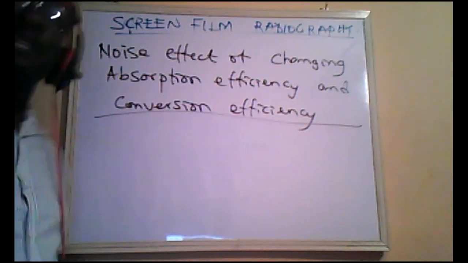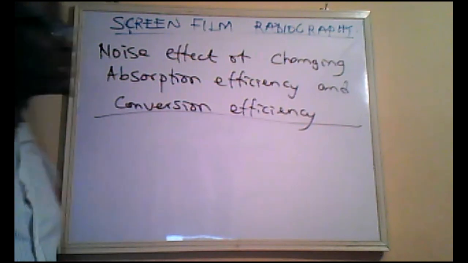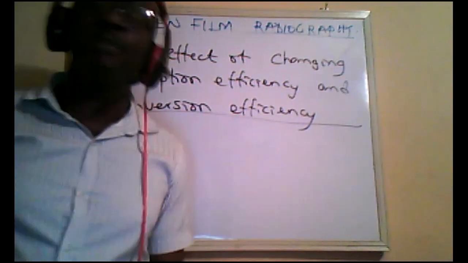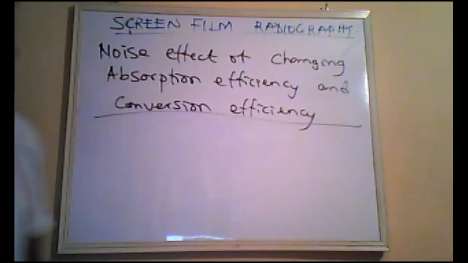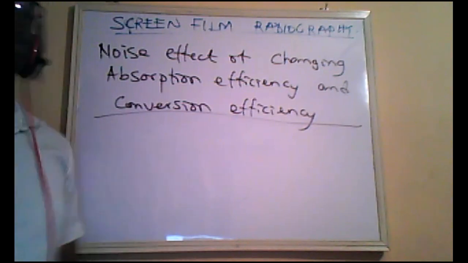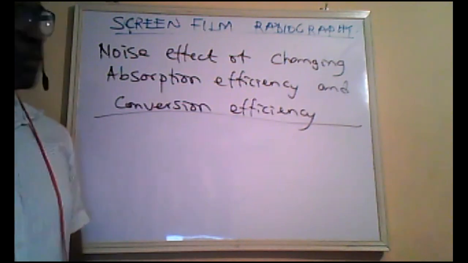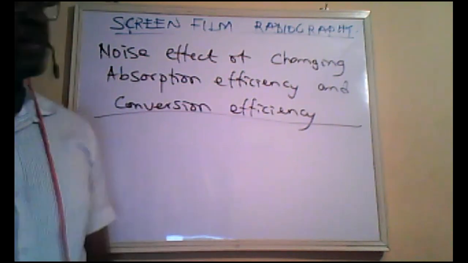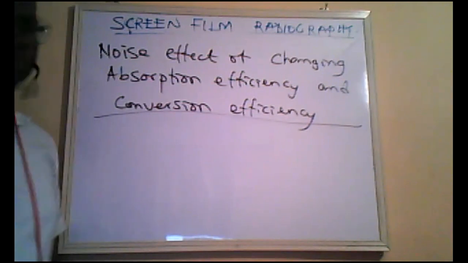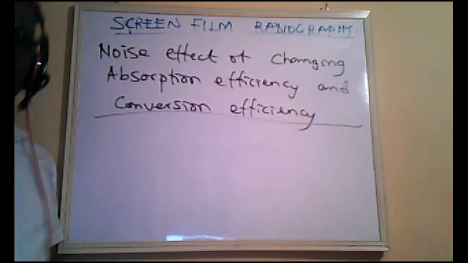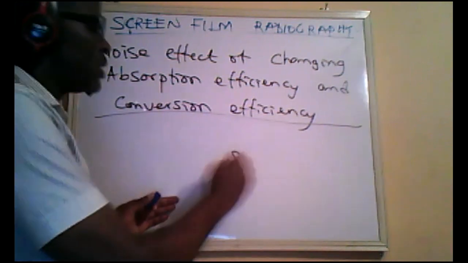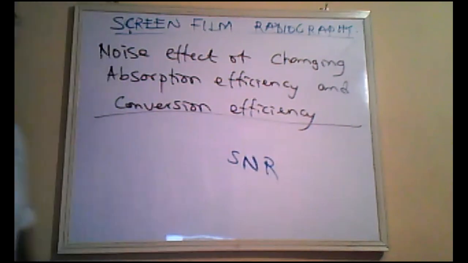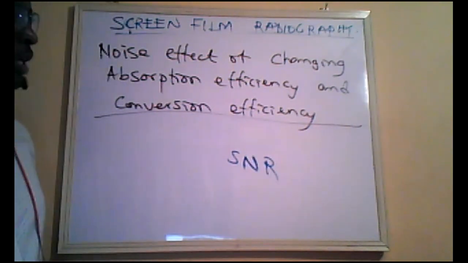If we use so many light photons or X-ray photons in forming an image, that particular image will have lower noise. But if lesser X-ray photons are used in forming a particular image, of course, we are going to have a very, very grainy image. That means we are going to have so much noise. So in terms of SNR or even CNR, we are going to have a low SNR, signal to noise ratio. A very low one.